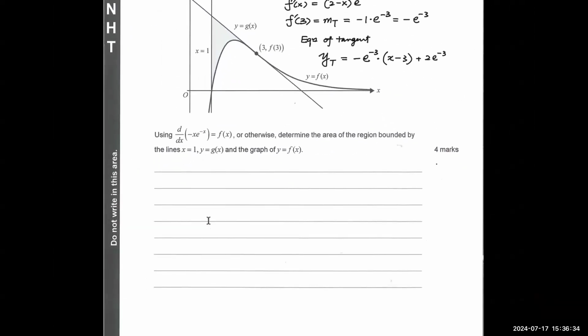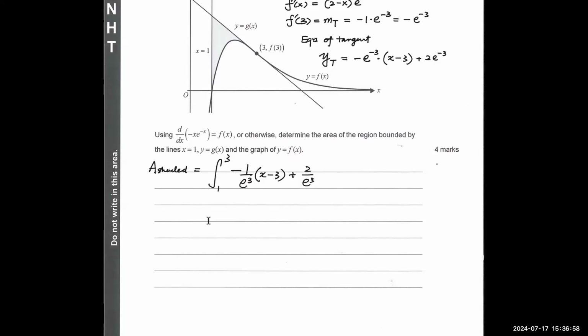Okay, area shaded equals to the integration from 1 to 3. Y tangent is minus 1 over e to the power 3, (x minus 3), plus 2 over e to the power 3.